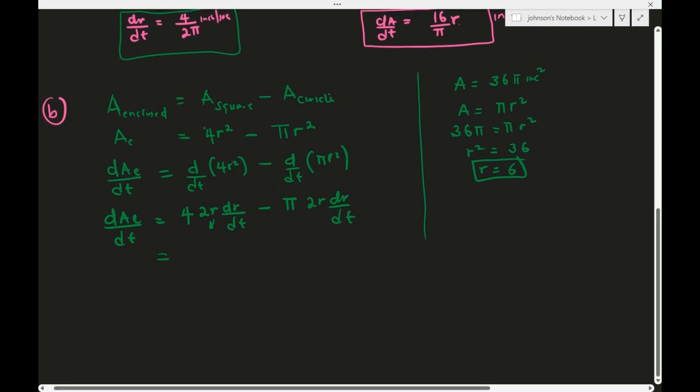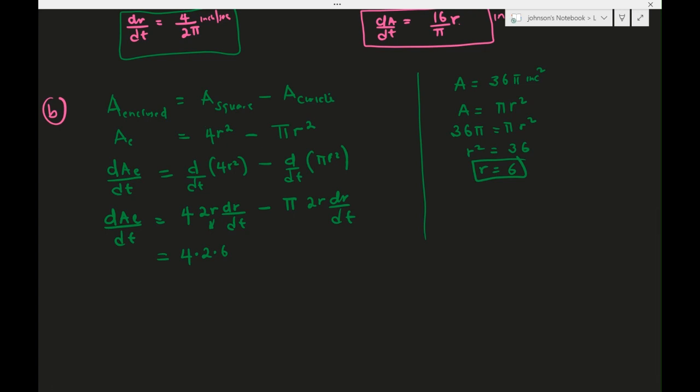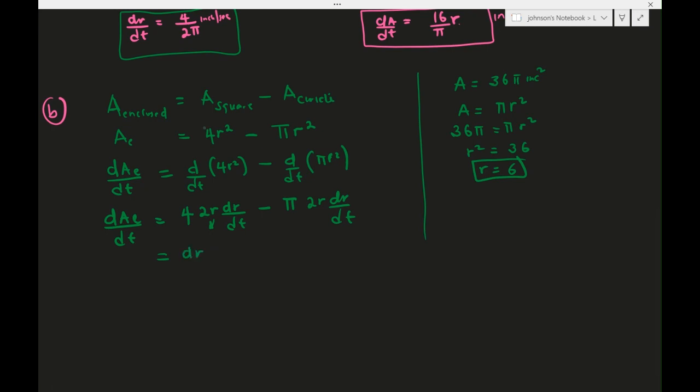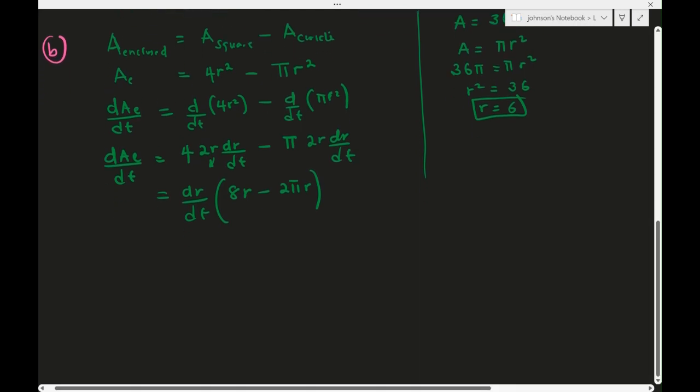So we just come here and substitute. This is 4 times 2 times 6 times dr/dt. If you like, you can take dr/dt as a common factor, it's the same, just to simplify. So we have dr/dt, and here will be 8r minus 2 pi r, right?